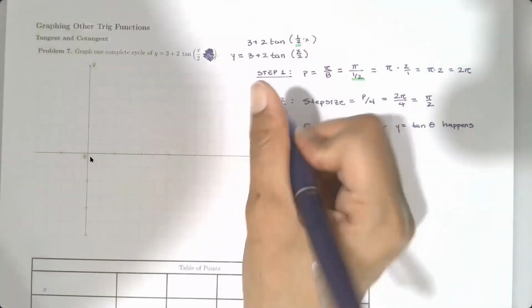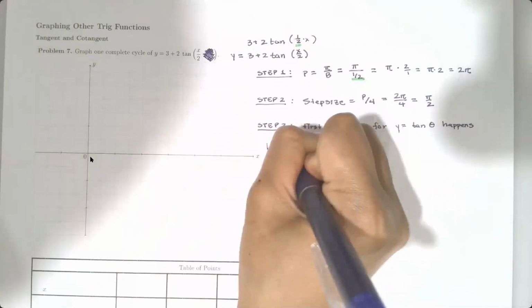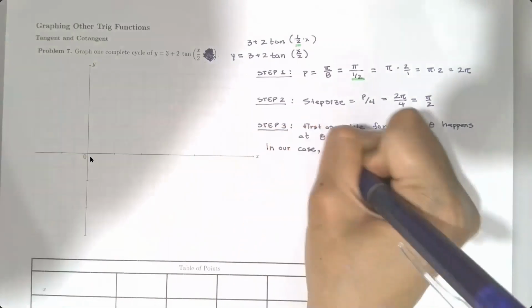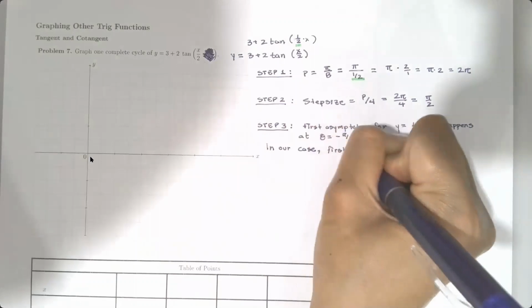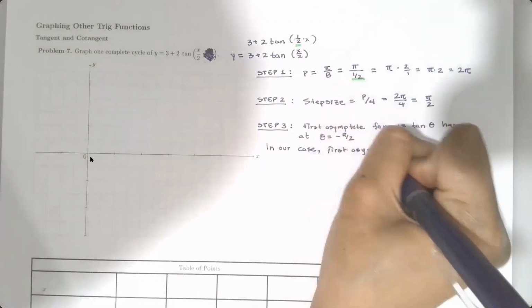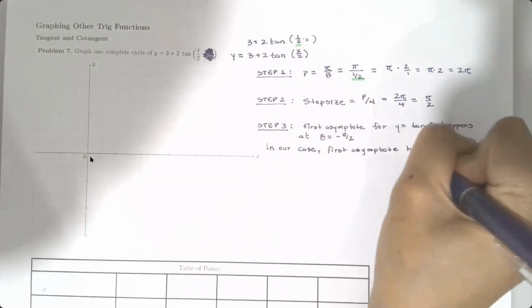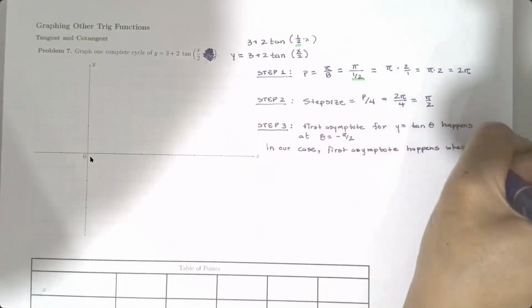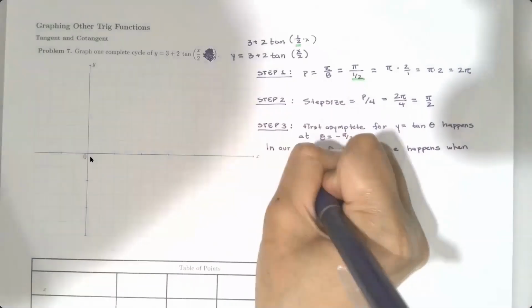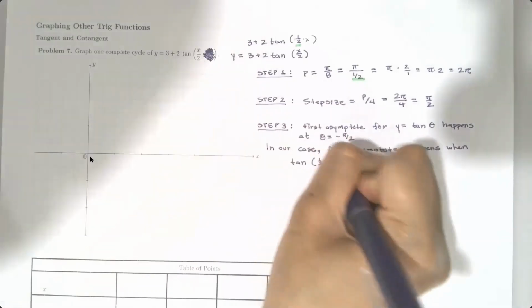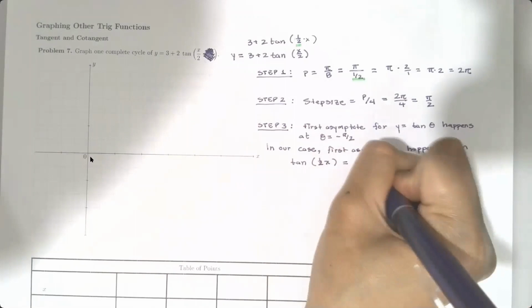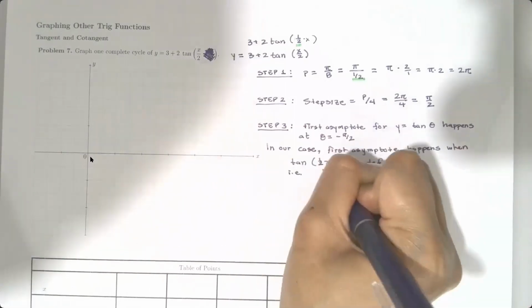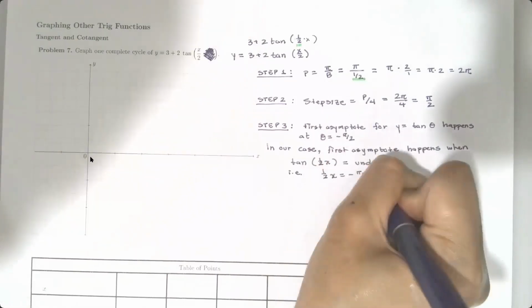So in our case, the first asymptote happens when tangent of 1/2 x is undefined, i.e. when 1/2 x is equal to -π/2.